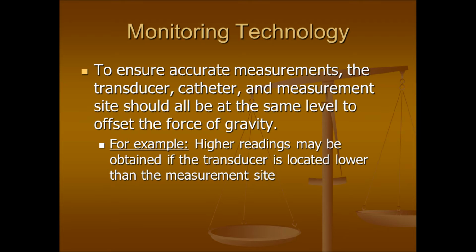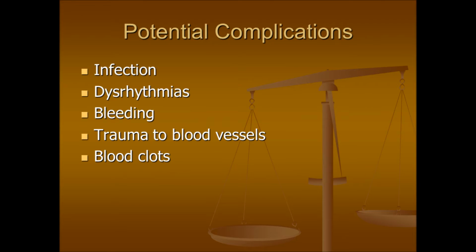For example, if the transducer is located lower than the catheter tip, then your readings on the monitor are going to be higher than what's really going on in the body. And we'll talk more about some of these errors that can occur to affect the accuracy of the system.